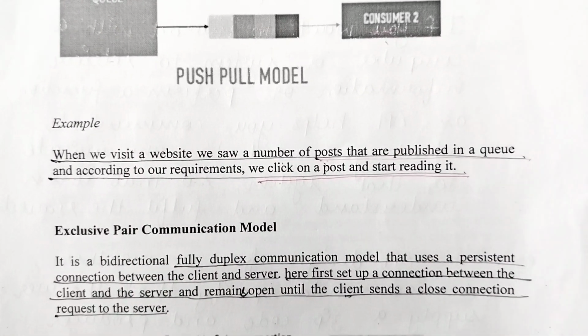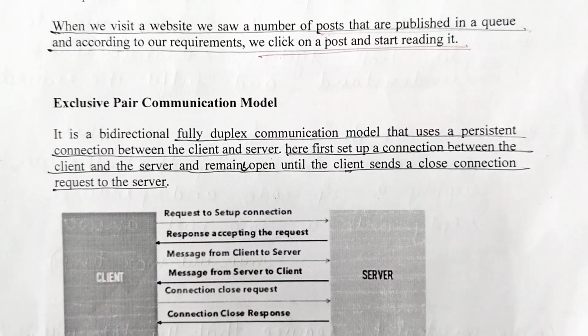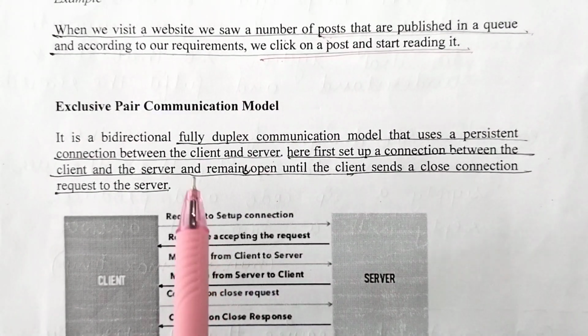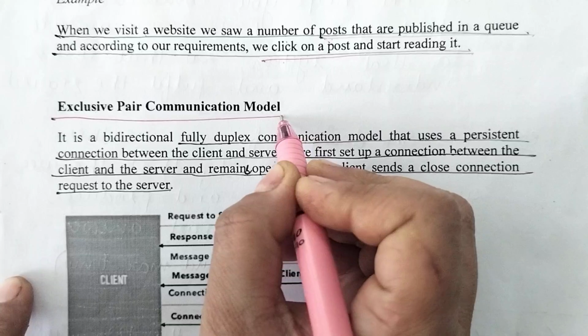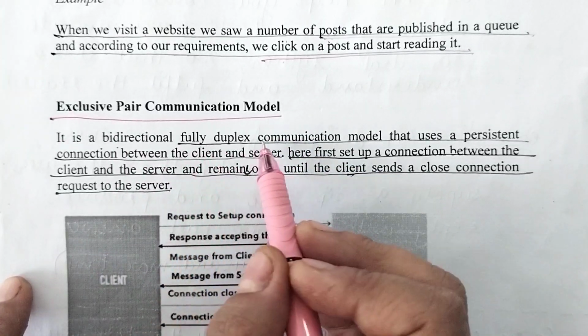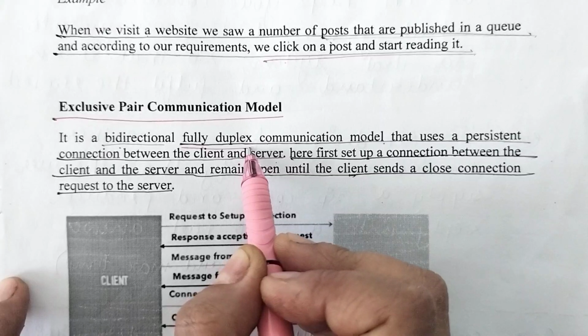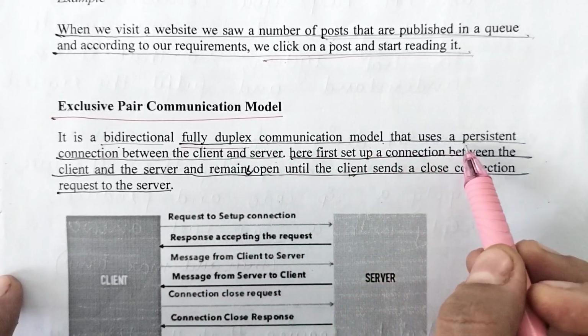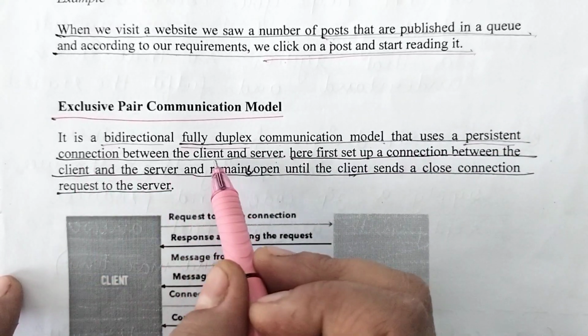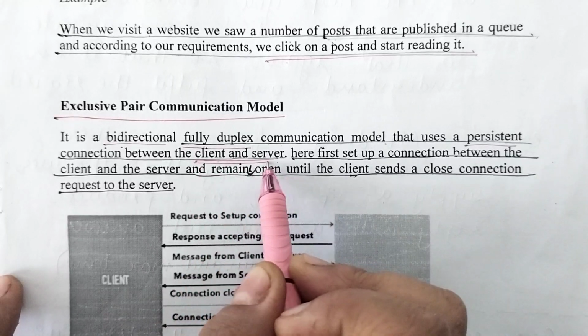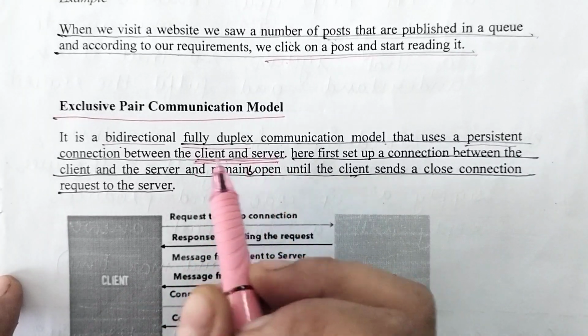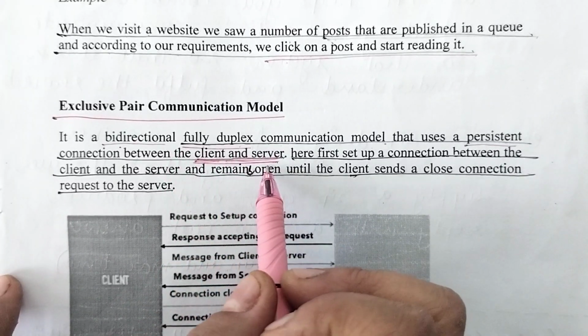Now the fourth communication model is the exclusive pair communication model. The exclusive pair communication model is a bidirectional, fully duplex communication model. When I say bidirectional, that itself means fully duplex. It is a communication model that uses a persistent connection between the client and a server. So here there is a client and a server, and it is a fully duplex communication model.